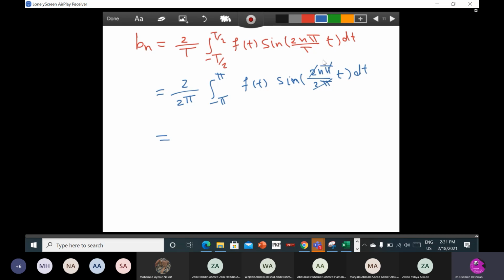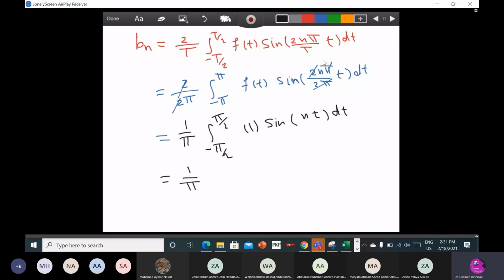So what's left? One over pi integrating from minus pi over 2 to pi over 2, right? What's your function? It is 1, sine nt dt.